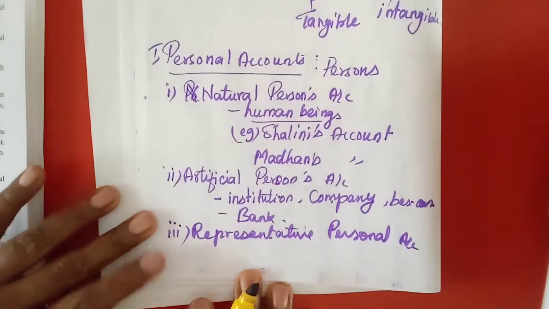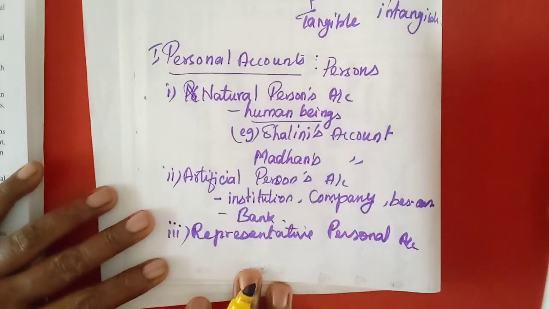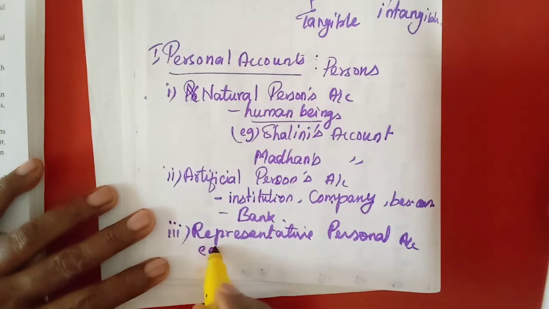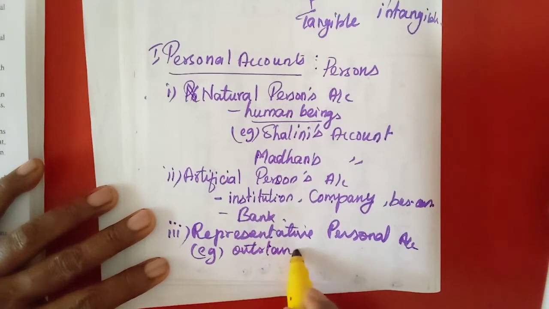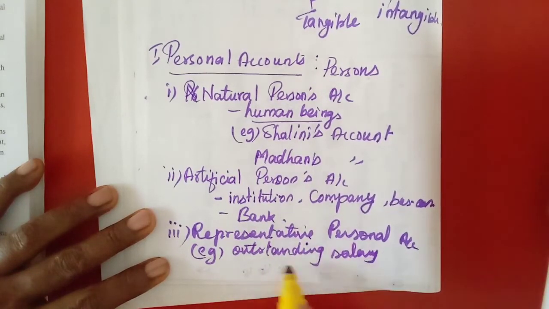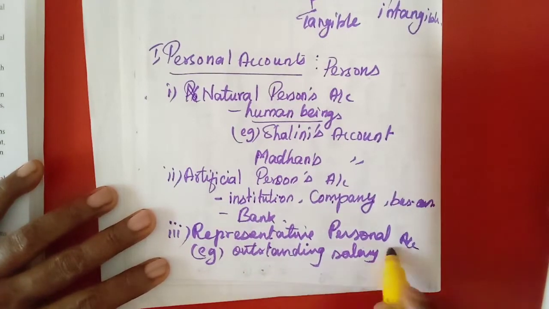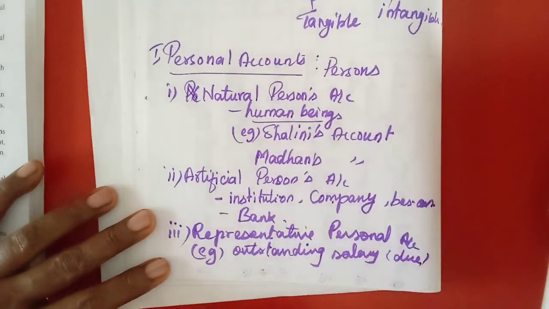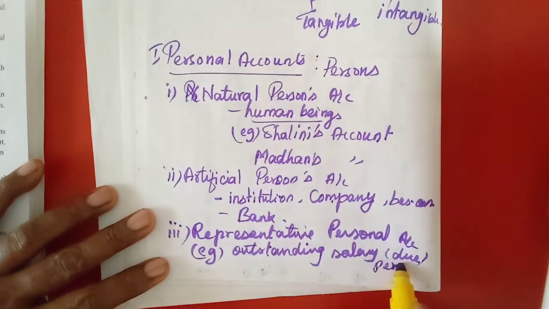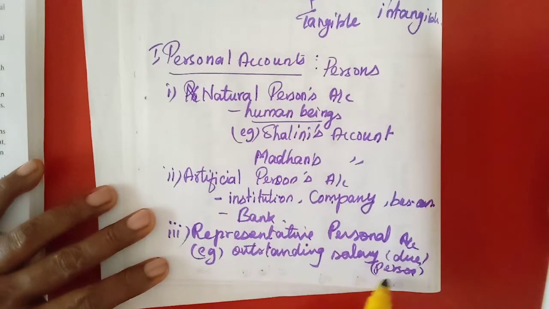Why is it called a representative person's account? Here, these accounts represent a person. For example, outstanding salary. Because that salary is due, we need to pay it to others. So salary is due to whom? A person. We need to pay that to a person.